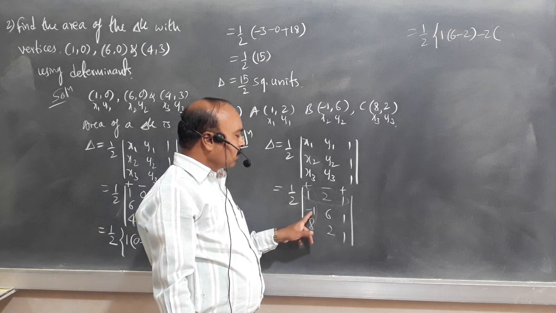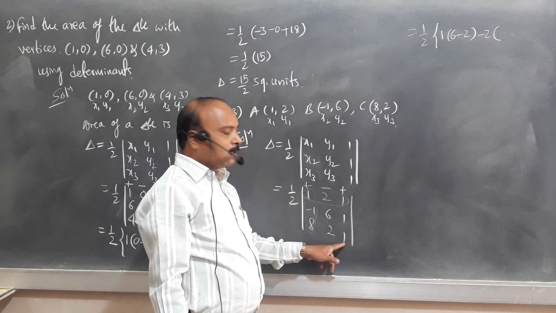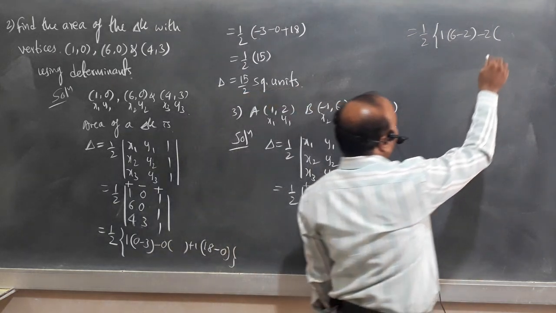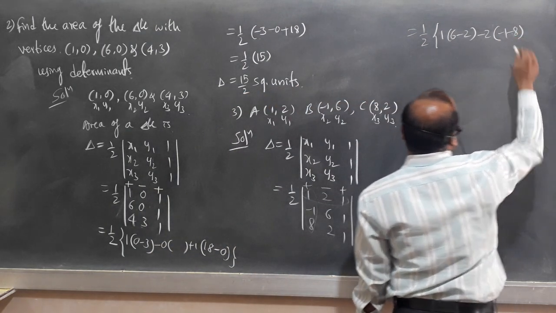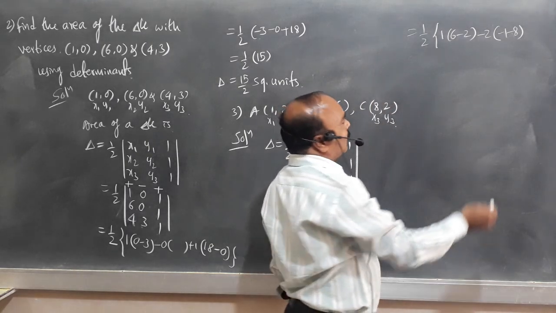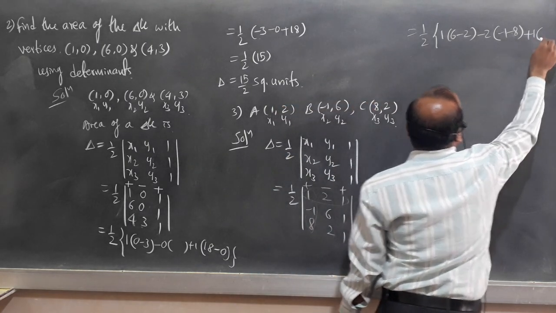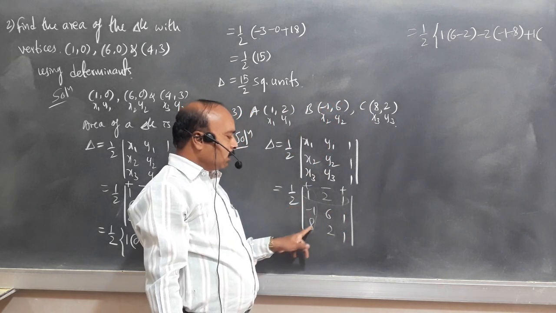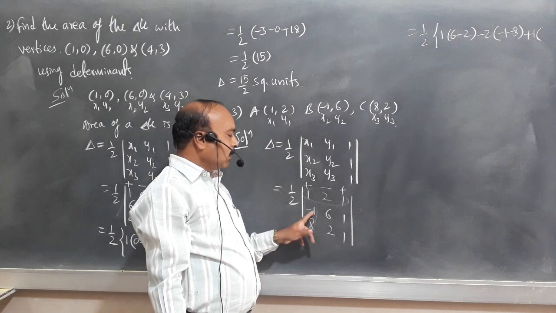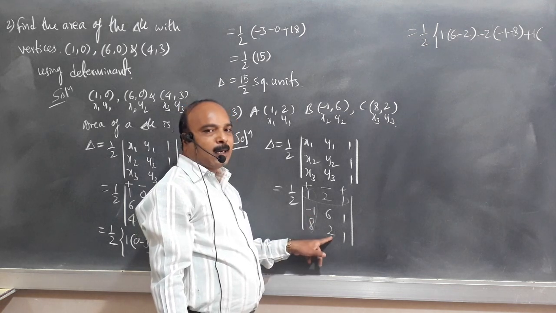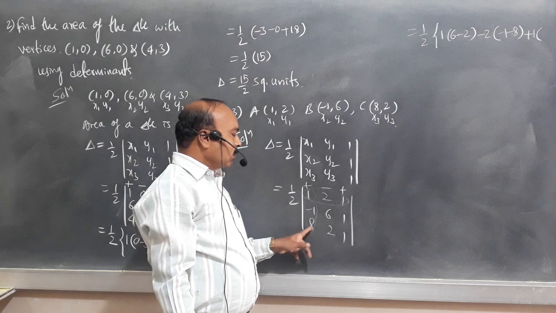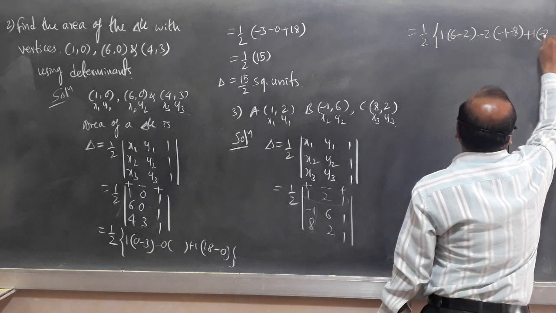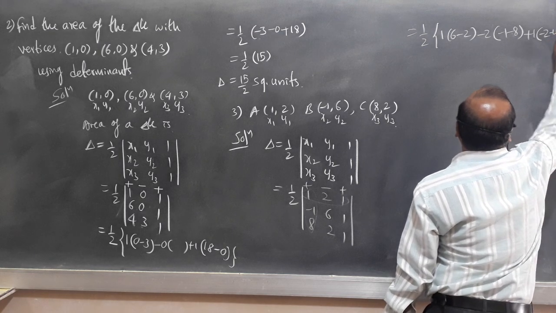Then the determinant is minus 1 into 1 is minus 1, minus 8 into 1 is minus 8. That is minus 1 minus 8. After that, plus 1 into the determinant, deleting this column and this row, we get minus 1 6, 8 2. So the answer is minus 1 into 2 is minus 2, minus 8 into 6, that is 48. That is minus 2 minus 48.